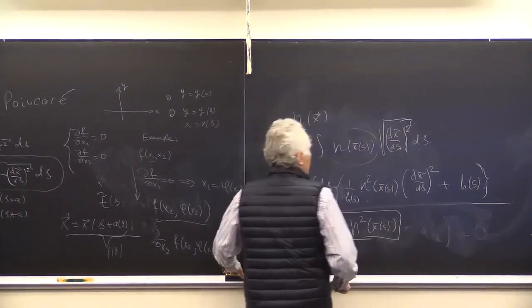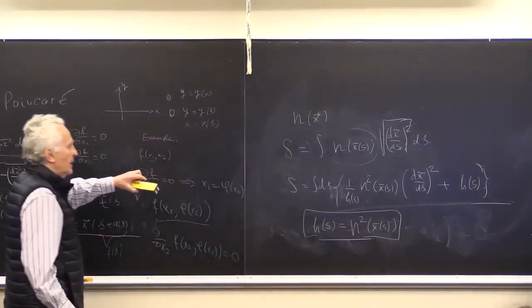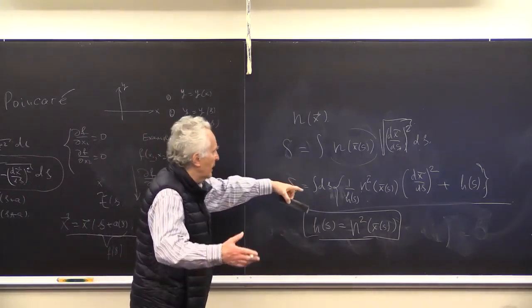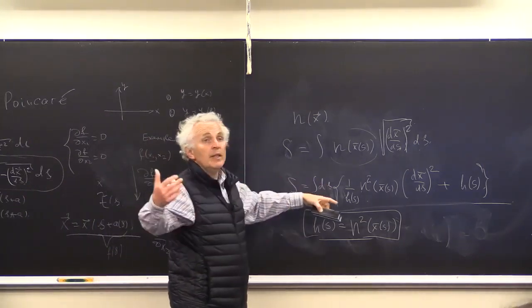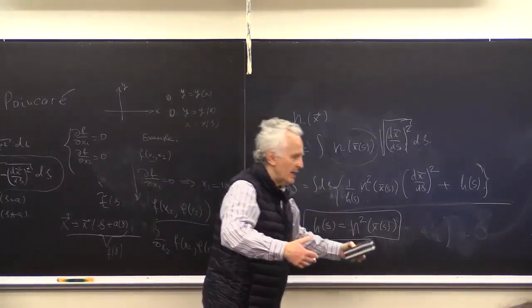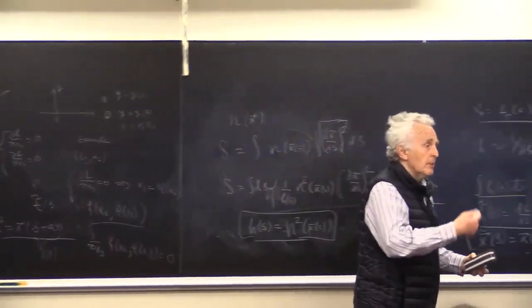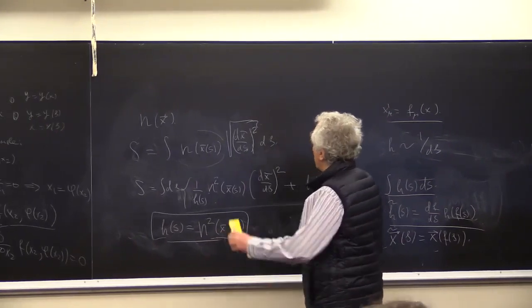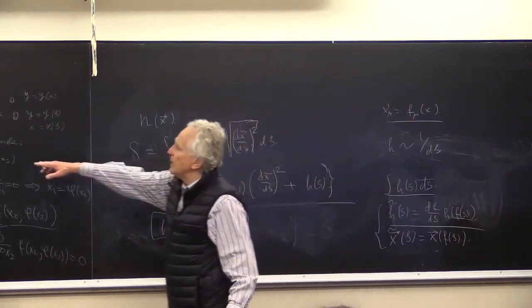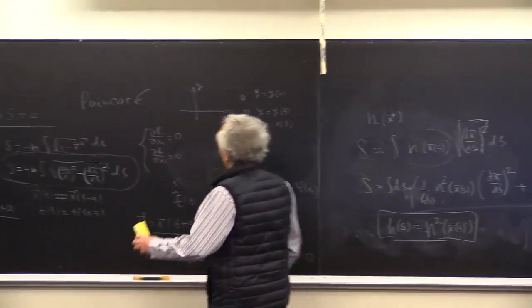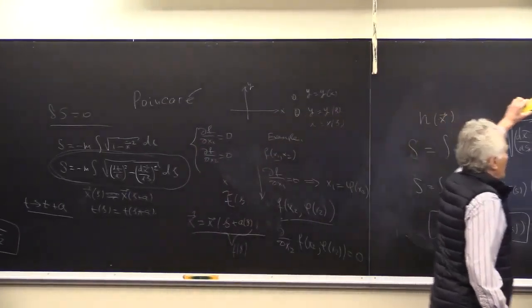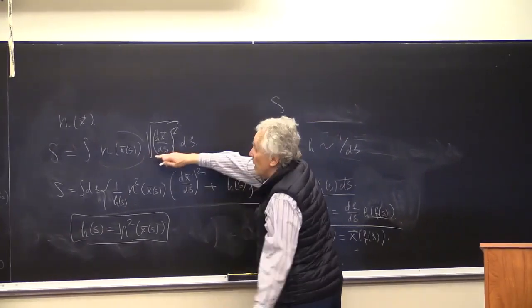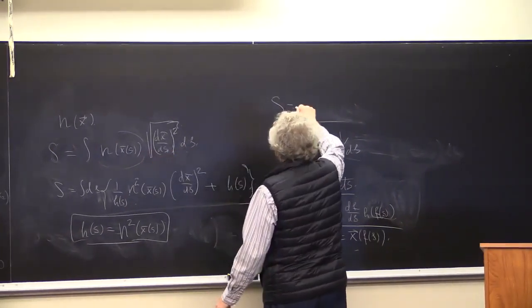If we choose this gauge, once again, when you have reparameterization invariance, there's an infinite number of ways you can choose parameterization. And this is one particular way in which you can do this. Here we used a different gauge. All right, and then we get the action which must be equivalent to the original one.